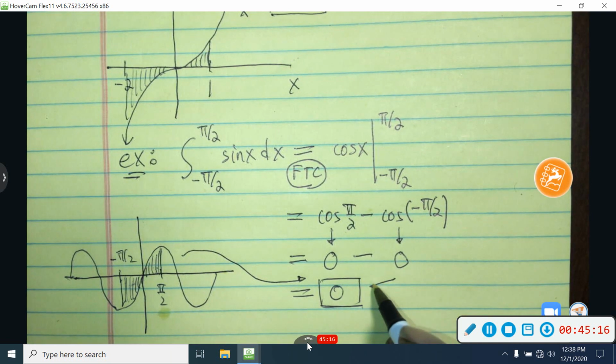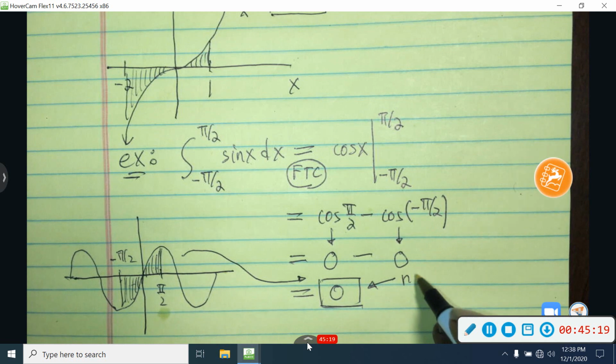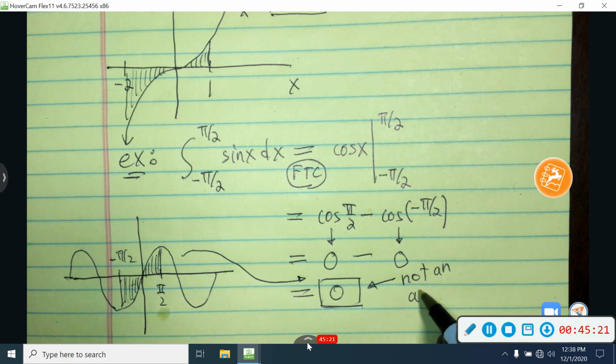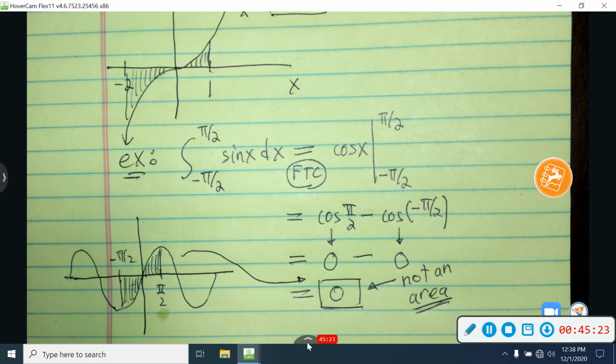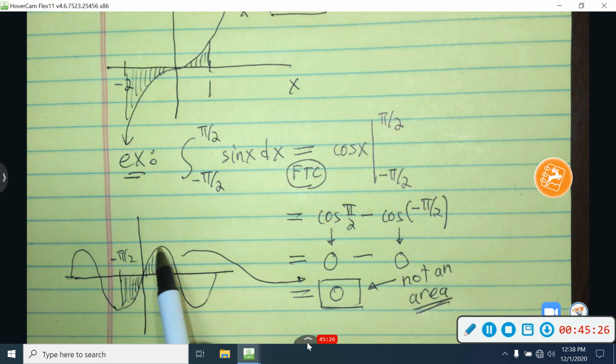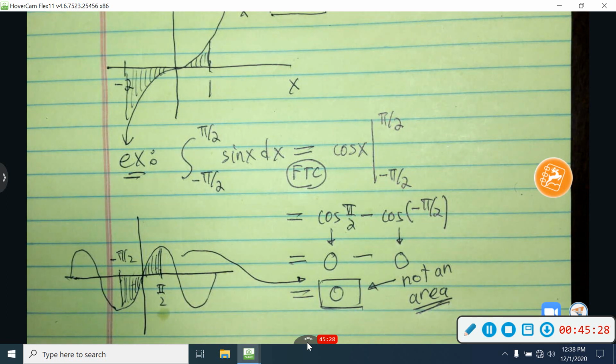So it's not an area, okay? It's just a number in this case. Be careful. The function needs to be fully upstairs over the interval.